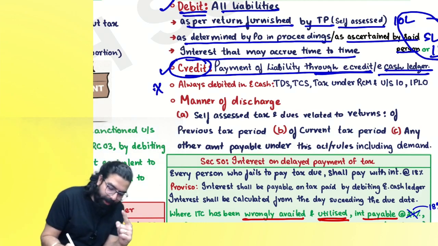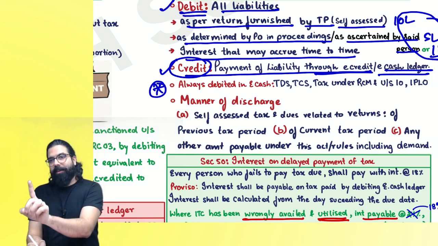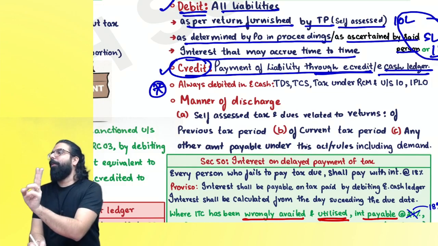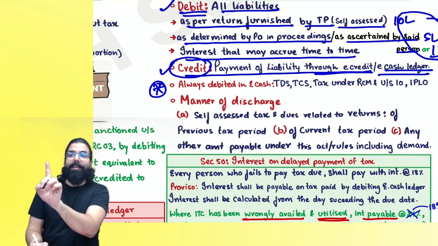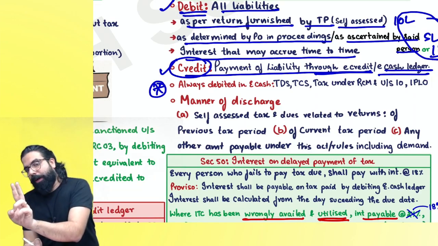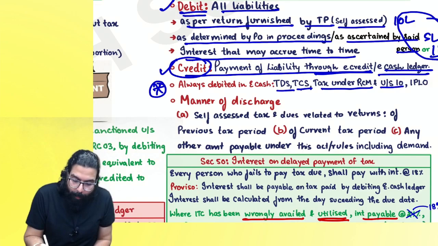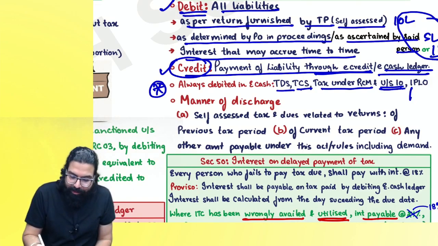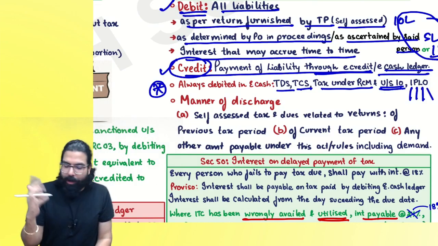Always remember this one point, everyone. If you have to pay any TDS under GST, TCS under GST, all these are CA Final topics, TDS, TCS. Still, remember: TDS under GST, TCS under GST, any reverse charge tax, composition tax, interest, penalty, late fee, or any other amount.